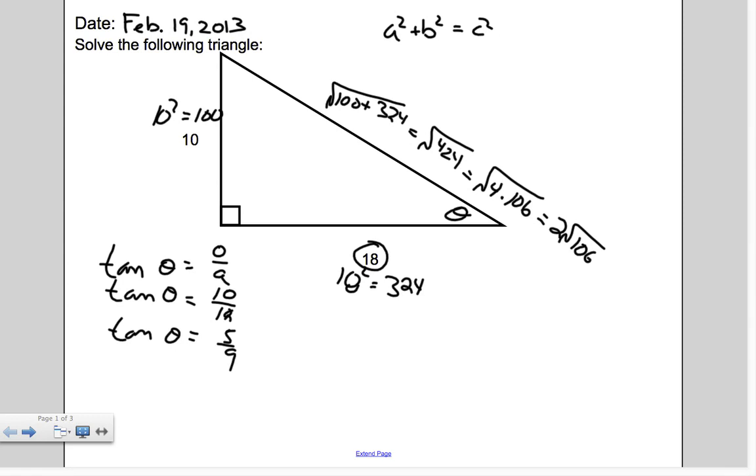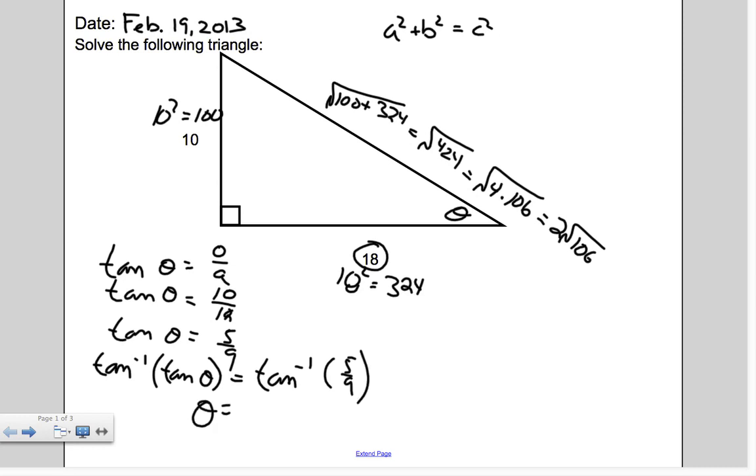So I want to solve for theta. Right? So I want to do the opposite of tan. What is the opposite of tan again? Oh, yeah, inverse of tan. So we take the inverse of tan of both sides.